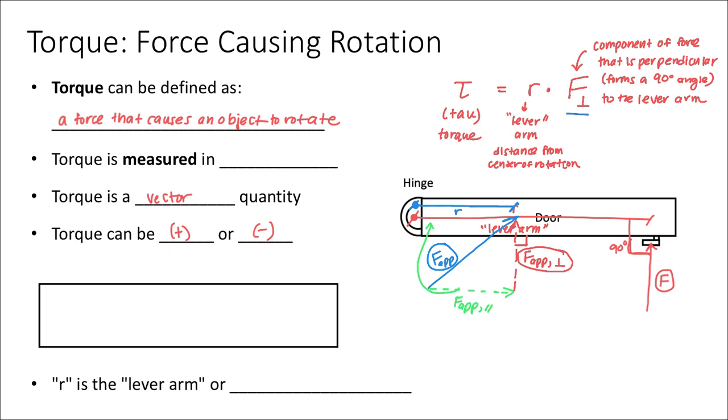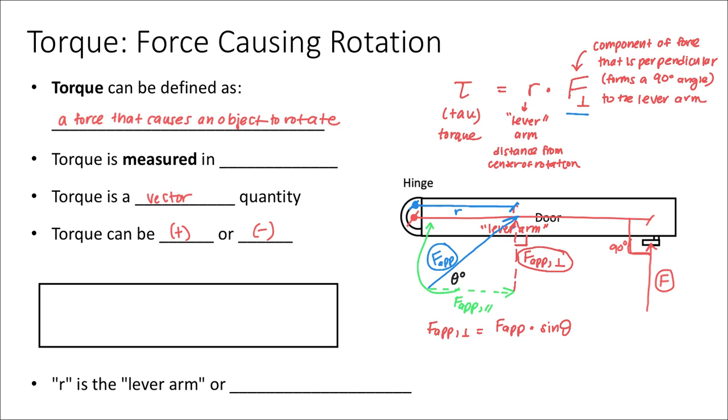If this angle here were theta, then this F applied perpendicular component would be that applied force times, you guessed it, sine of theta. This is how we've been solving for components all year. It's no different.